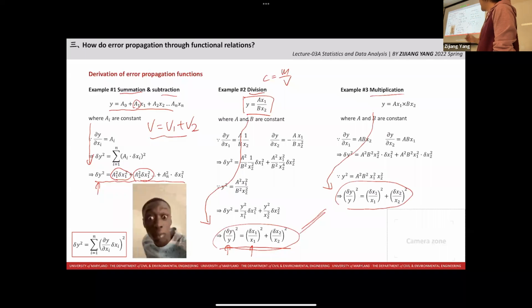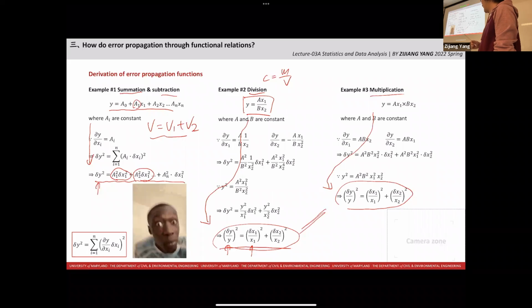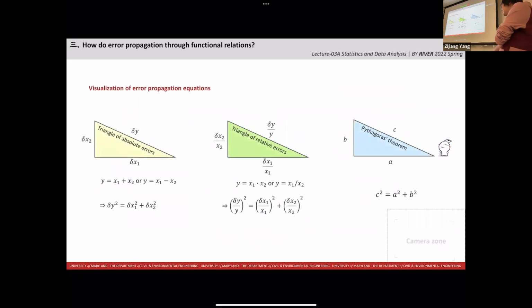When I first looked at this, I was surprised, but when I did the whole process by myself, I found that this is natural.